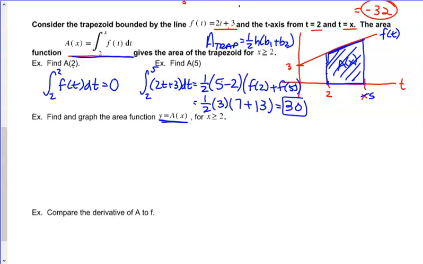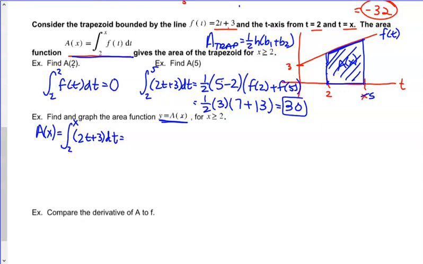Here, we have a function, and when we integrate, we're finding the area of that. Okay, so I'm going to take this idea that I just did a specific situation on and generalize it, because instead of having a 5 here, I'm going to have an x. So A of x here is equal to the integral from 2 to x of that 2t plus 3 dt.